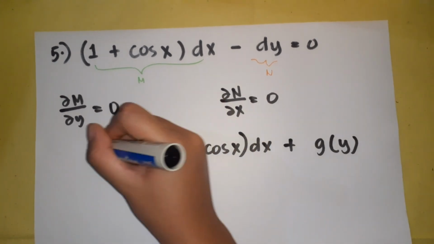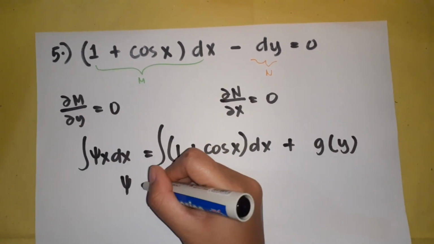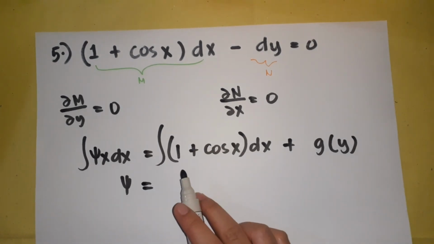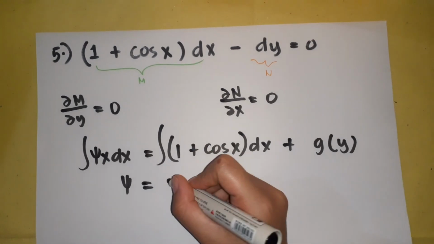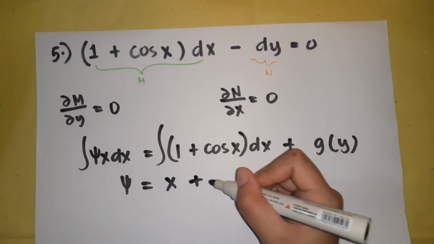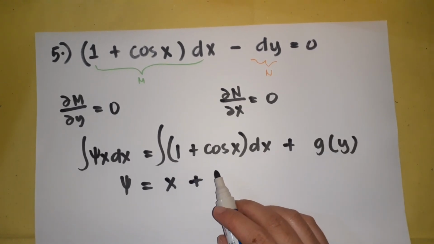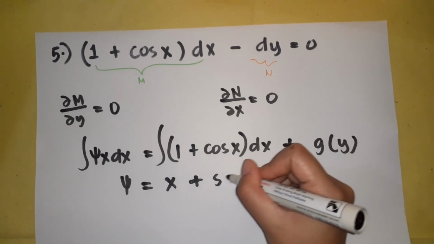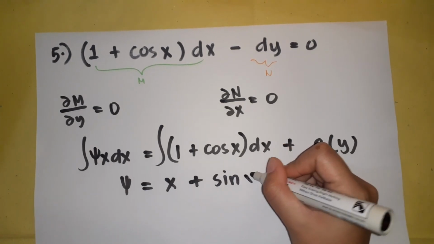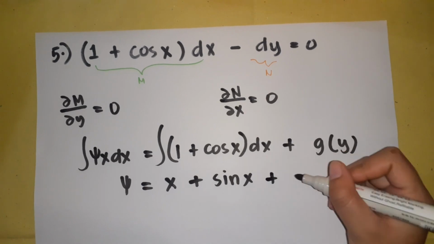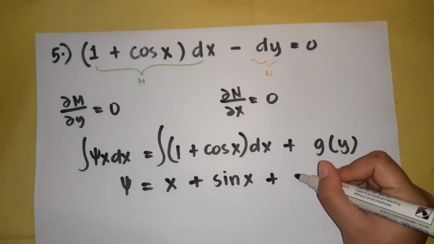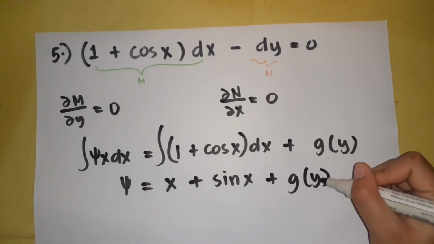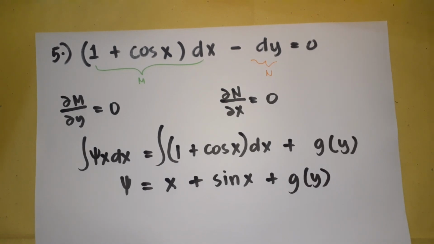So integrating, our psi is the integral of 1 dx, which is x, plus the integral of cosine x dx, which is positive sine x, plus our generic function.